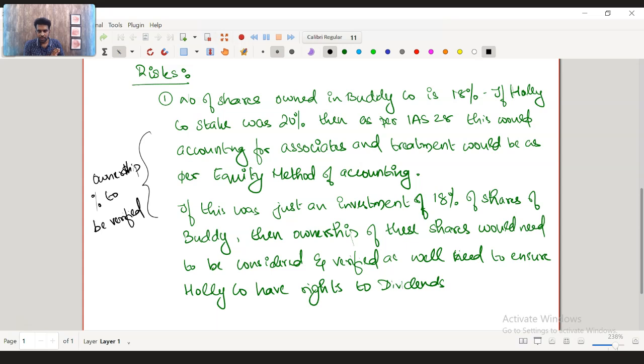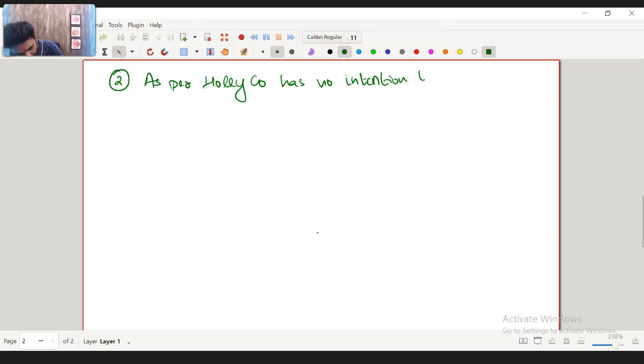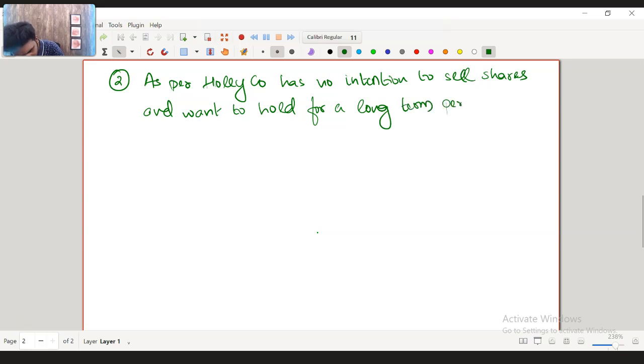Now, the second thing that we need to ensure is that, as per the wholly company, they have no intention to sell the shares and want to hold them for a long-term period.